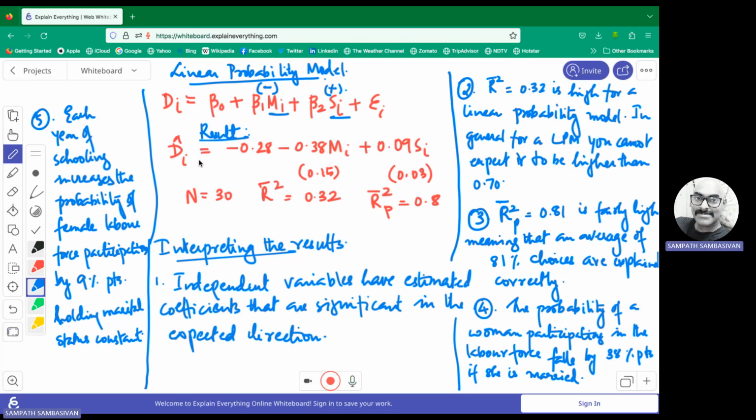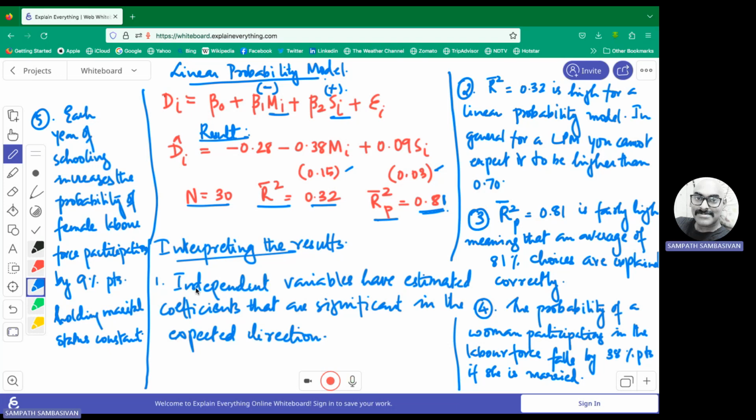So here, as you can see, Di hat is equal to minus 0.283 minus 0.38 Mi plus 0.09 Si. Right? These values given in brackets are the standard errors. The sample size was 30, right? R squared value is 0.02 and pseudo R squared value is 0.81.